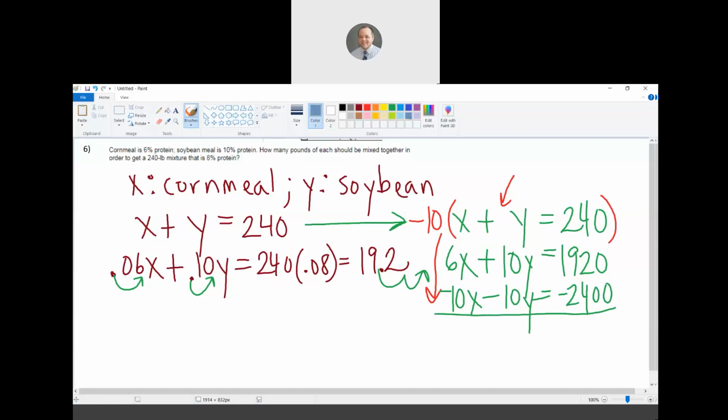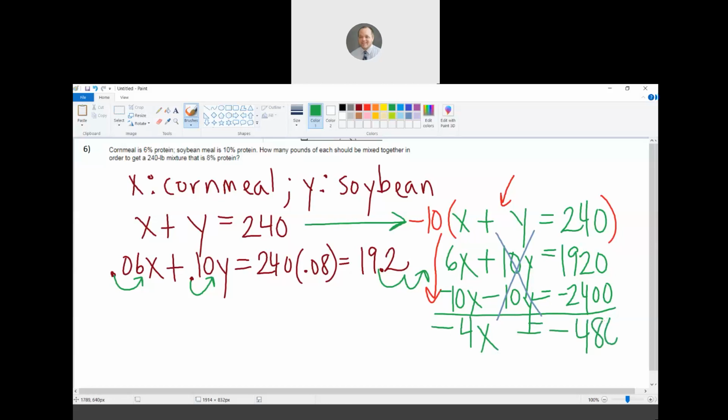Now we can cancel out the y's. Whatever's remaining, combine together. So 6x minus 10x is negative 4x, equal to 1920 minus 2400.